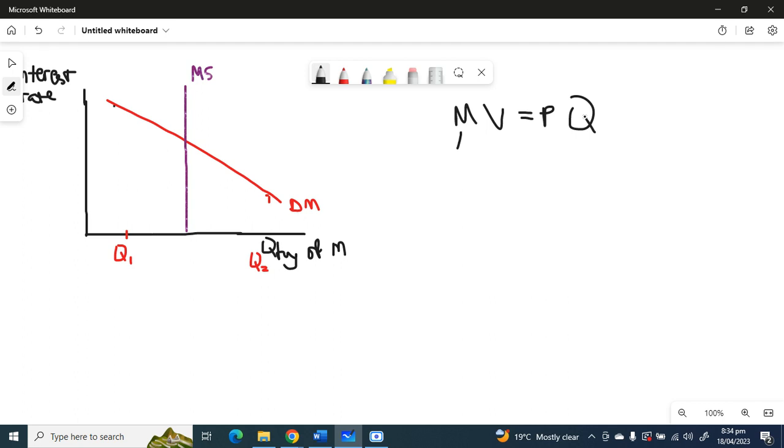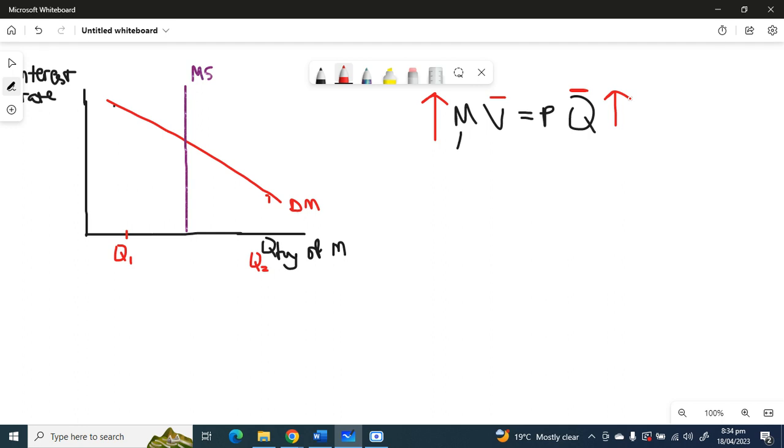So what this equation is telling us is that if you hold the velocity of money constant and the output constant, an increase in the money supply is going to cause an increase in prices, which means inflation. You have inflation.